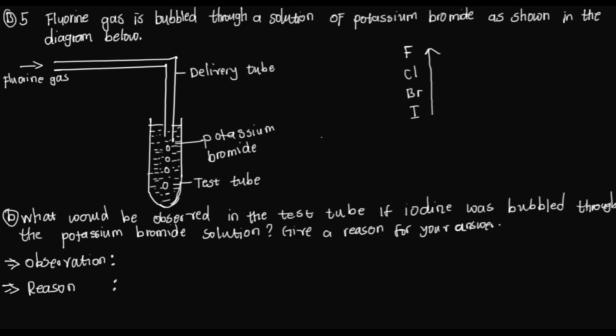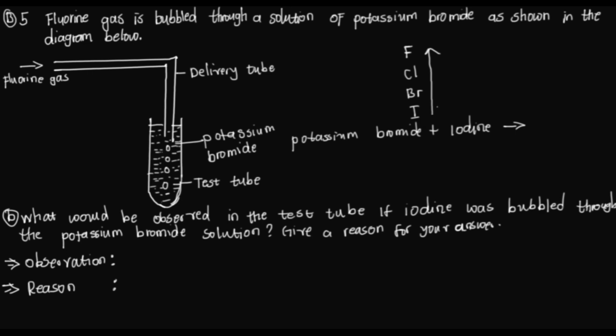So let's see first if the reaction can take place. So we still have our potassium bromide plus iodine. So we have to check if the iodine has the ability to displace bromide.